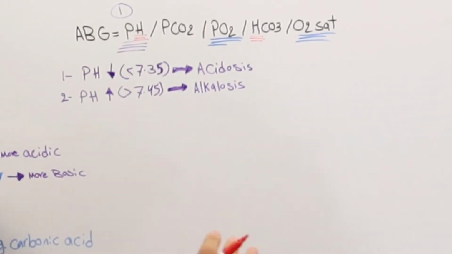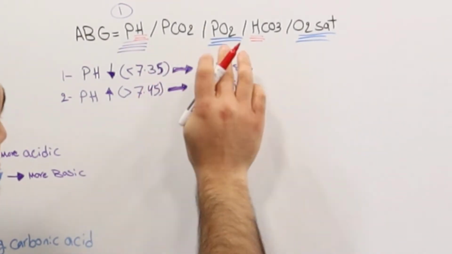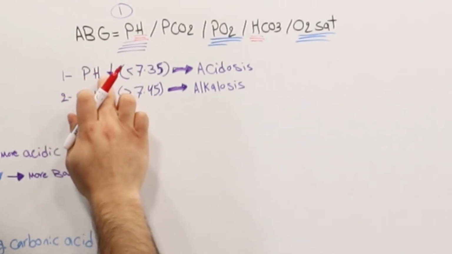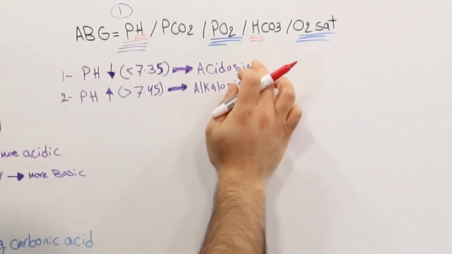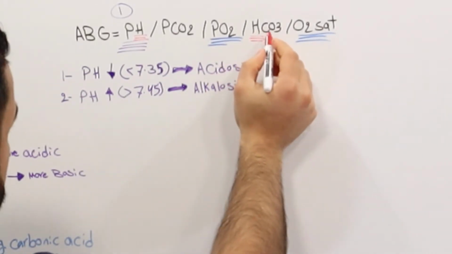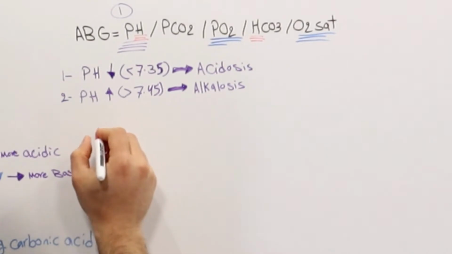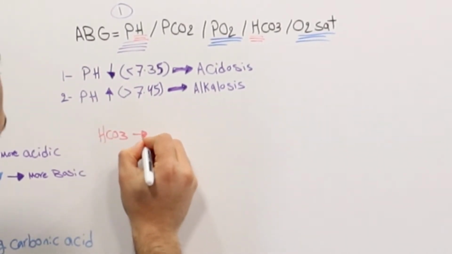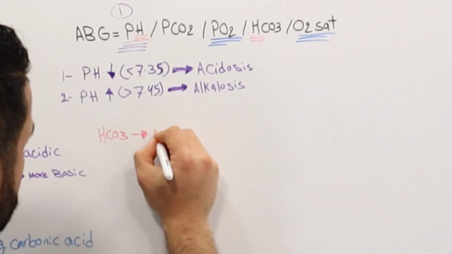So why am I focusing on the letter H? The reason is, if the pH is decreasing, we said it's going to go acidosis, right? So this is going back to the kidneys. HCO3 is reflecting metabolic.